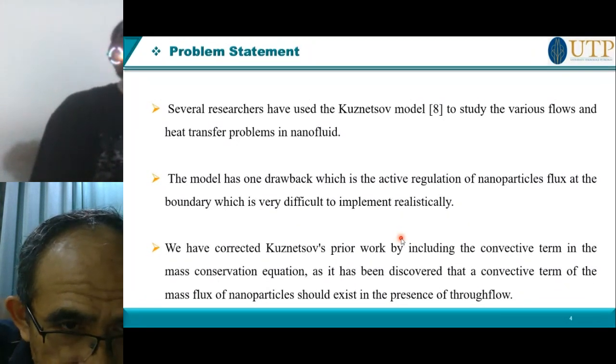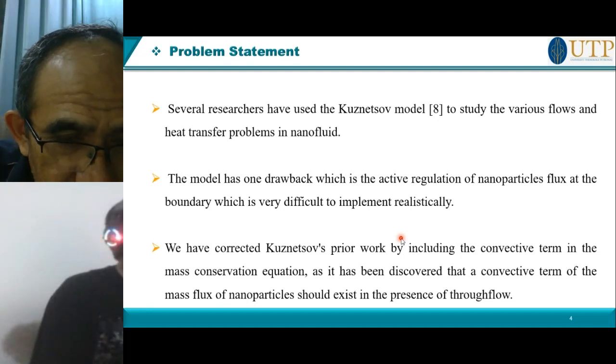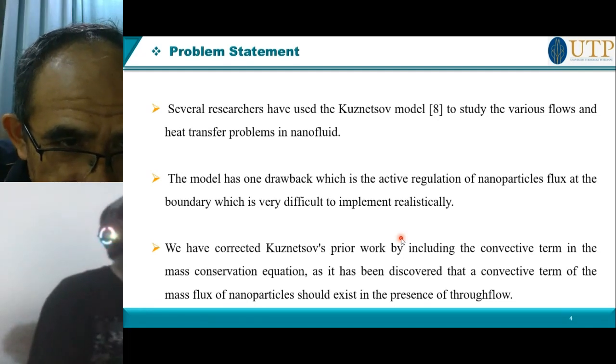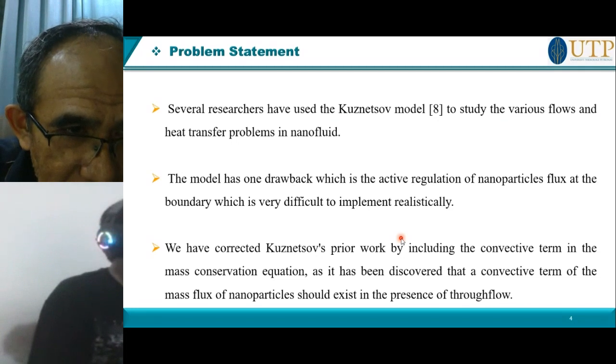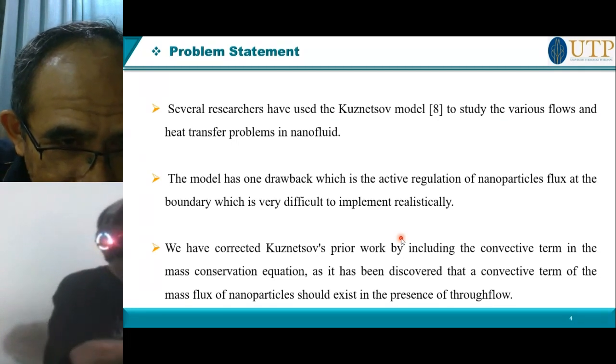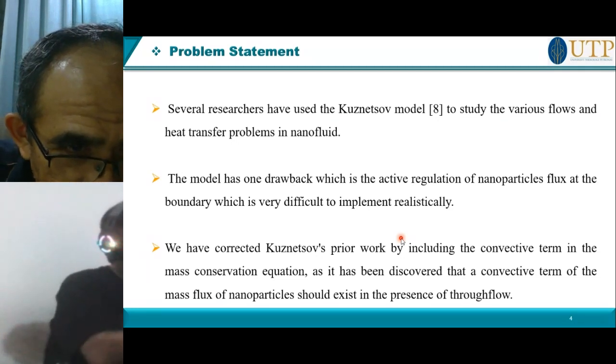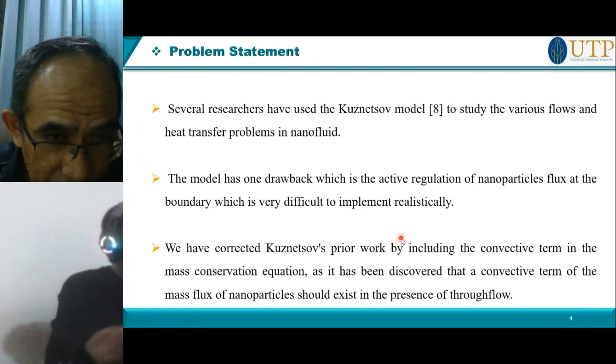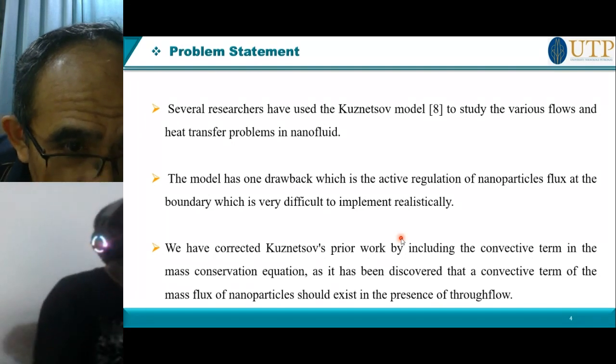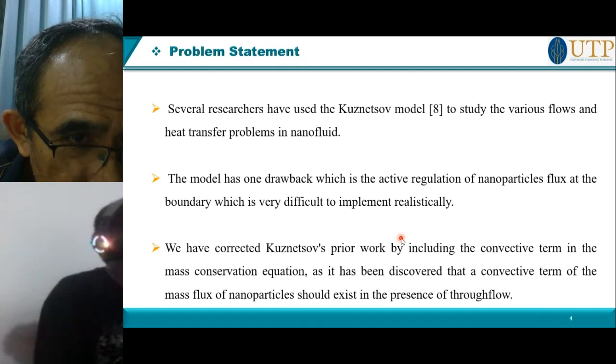So this model has one drawback, which is the active regulation of nanoparticles flux at the boundary, which is very difficult to implement realistically. You have to write the problem number one properly.